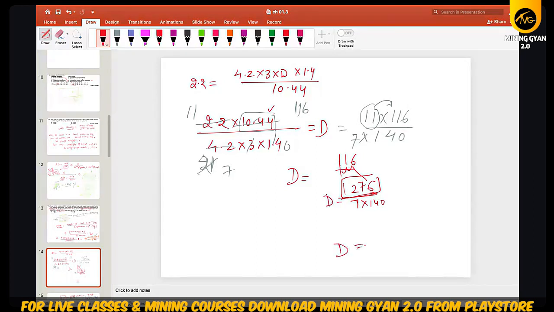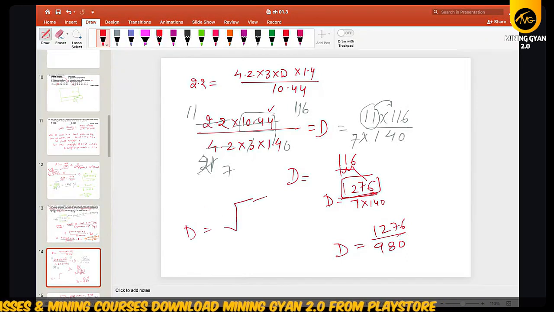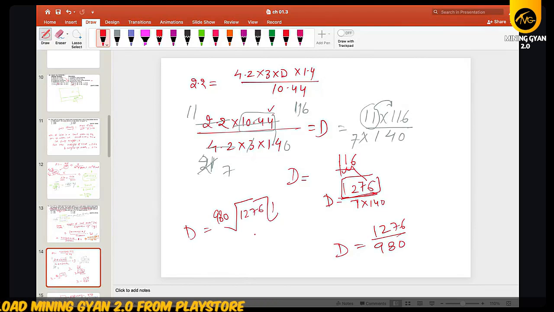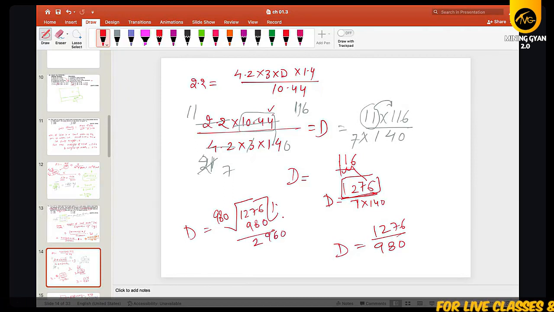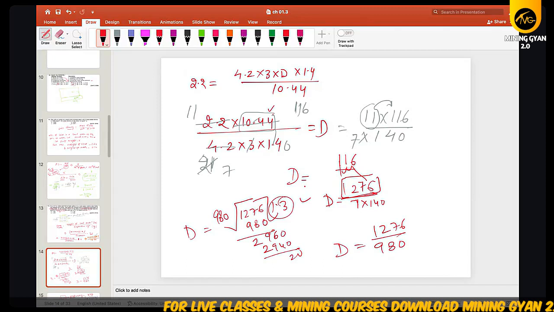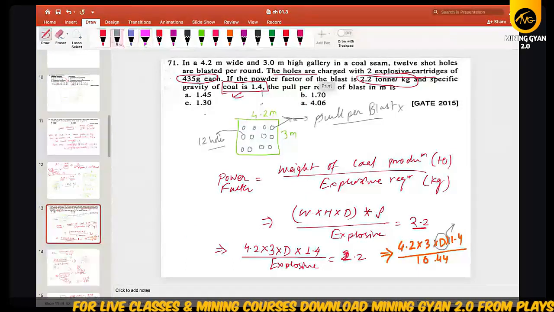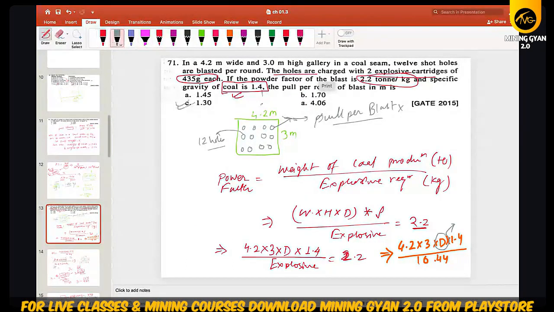And when we multiply this, 1276 divided by 980, and when you divide, it will be 1.3. So the answer will be 1.3.